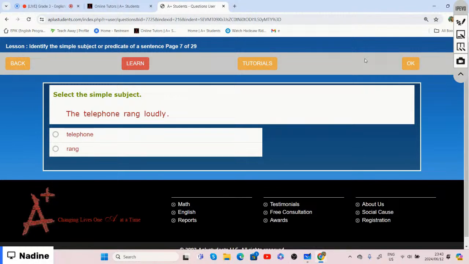So we need to identify the simple subject. It is either only the noun or the noun phrase, the pronoun within that sentence. The telephone rang loudly.